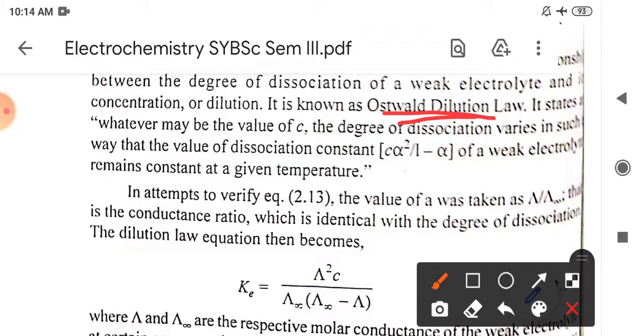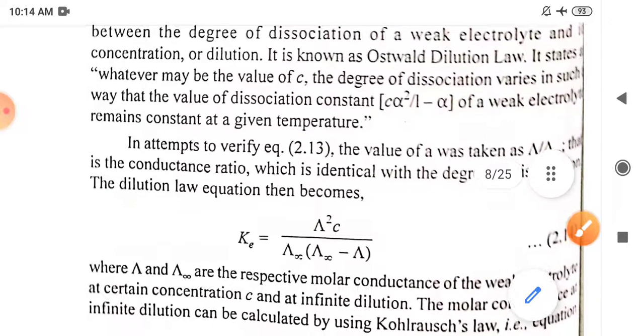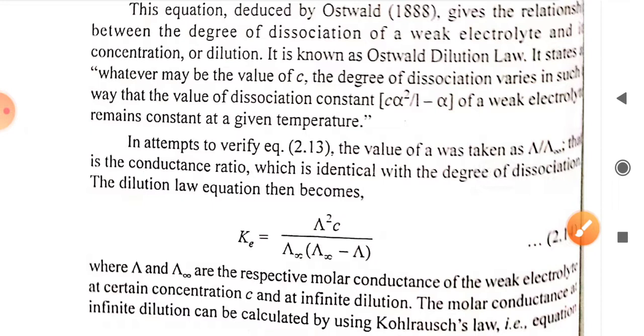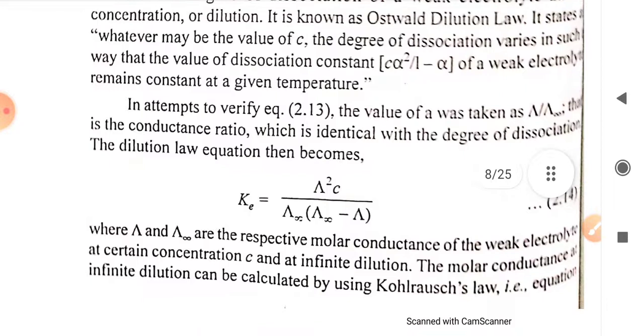It states that whatever the value of concentration C, the degree of dissociation varies in such a way that the dissociation constant, alpha square C upon 1 minus alpha, of a weak electrolyte always remains constant at a given temperature. So temperature is an important parameter here.